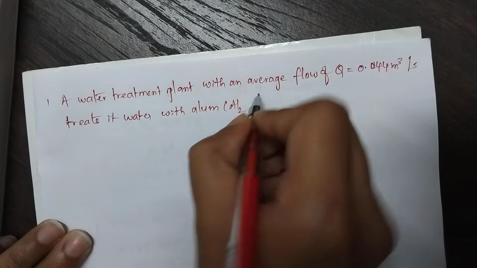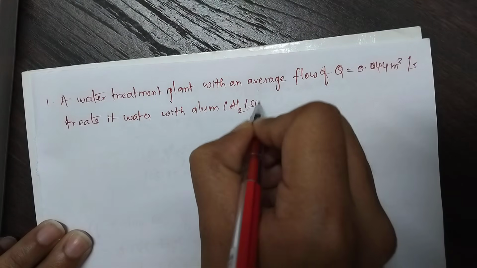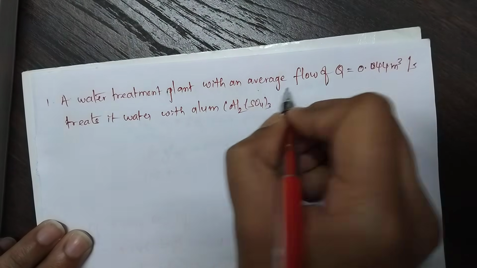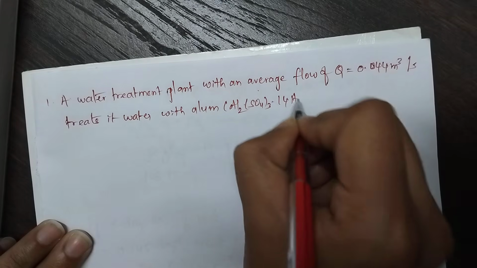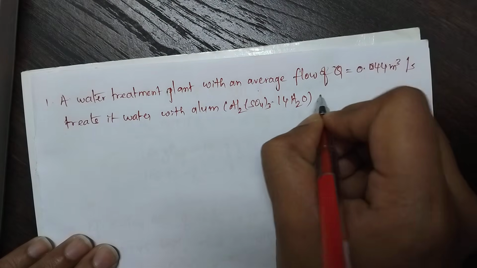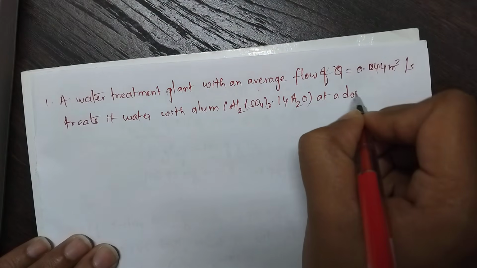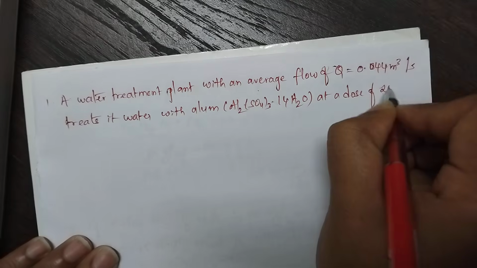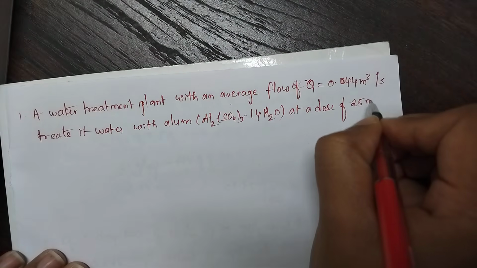Formula Al2(SO4)3·14H2O at a dose of 25 milligram per liter.